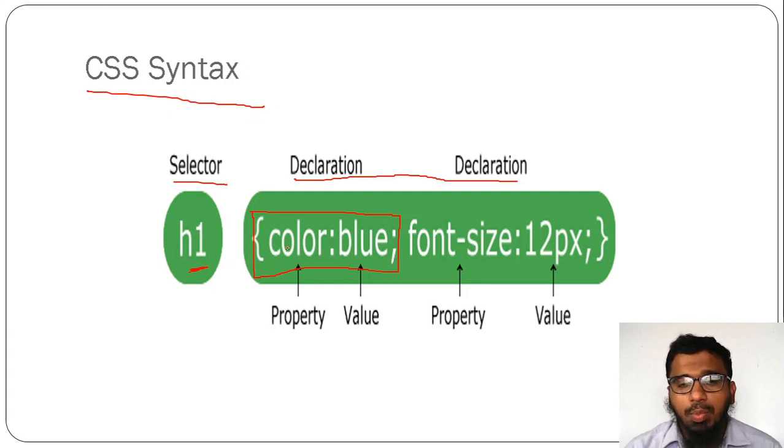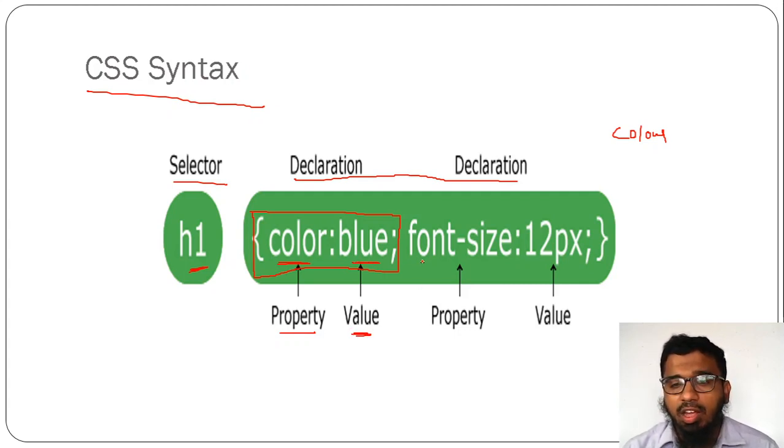Color: in computer terminology we use COLOR, but normally we write COLOUR. So color is blue. Here color is the property, and whatever color you are giving is the value.